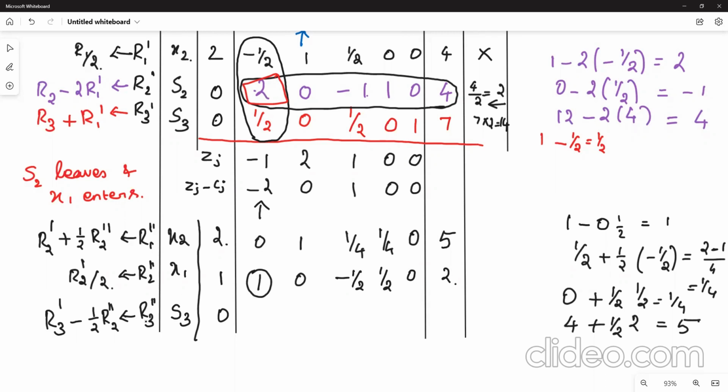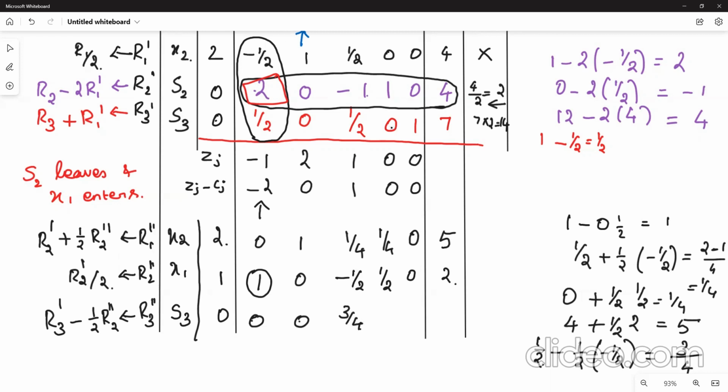Okay. So here this entry will become 0. So what is the row operation? We have identified R3 dash minus 1 by 2 R2 double dash. Okay. So here 0, 0. So it becomes 0. Here 1 by 2. So how this changes? 1 by 2 minus 1 by 2 into the entry here is minus 1 by 2. So which becomes 1 by 2 plus 1 by 4. That is taking 4 as LCM, 3 by 4.